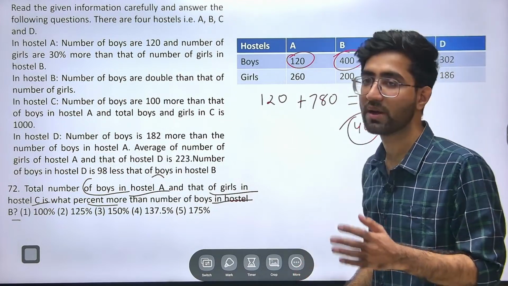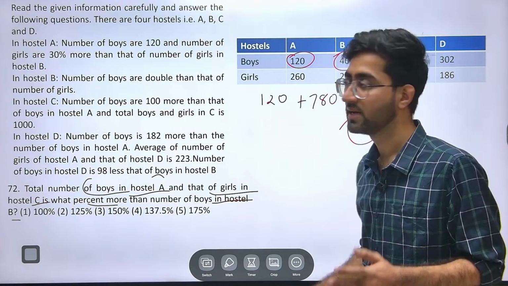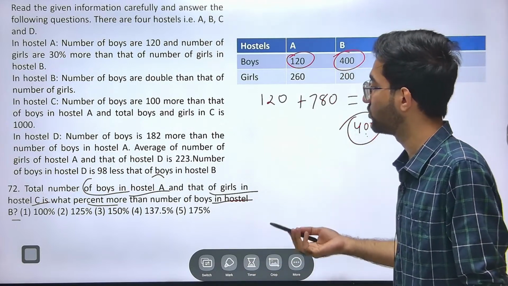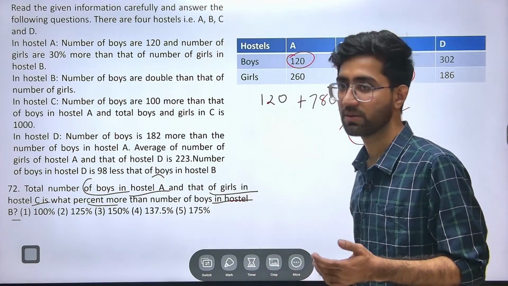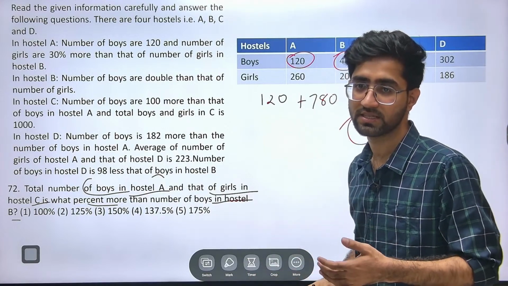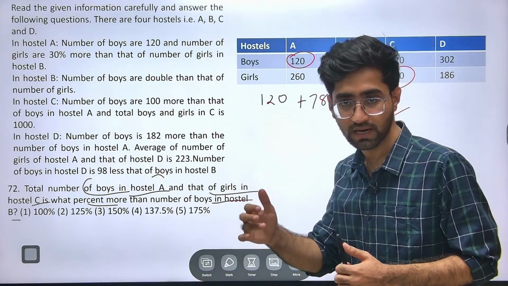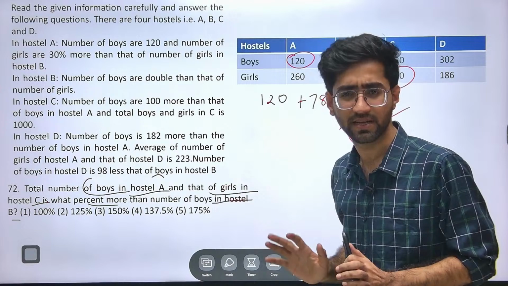So basically you have to answer, 900 is what percent more than the number of boys in hostel B? I have told you earlier many times, to be good at DI sets, you will have to be good at calculation, percentage and average, right?